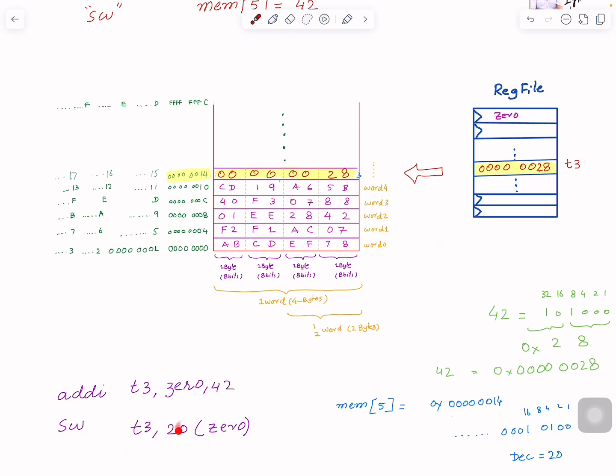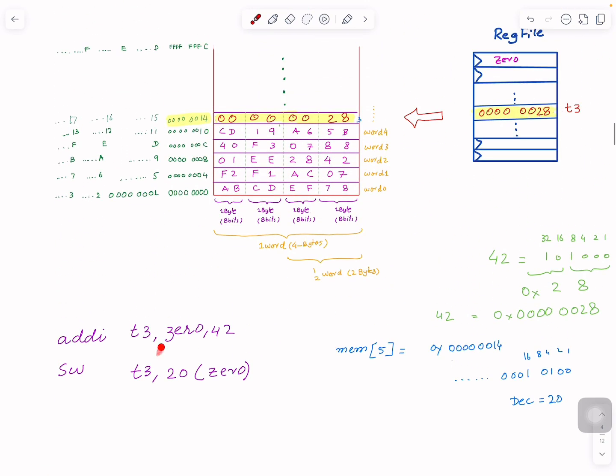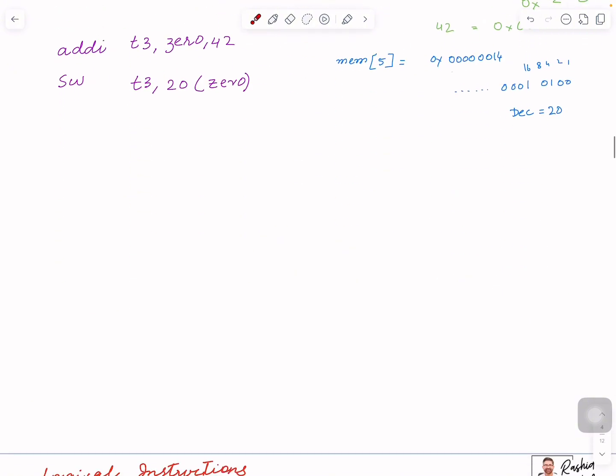When you convert this into hexadecimal, it becomes the address there. So 0 plus 20, we get this address, and there we want to store the value of T3. After this instruction is executed, the content of that location, the entire word, is this one. Okay, so I'll look further into how to put a value into T3.